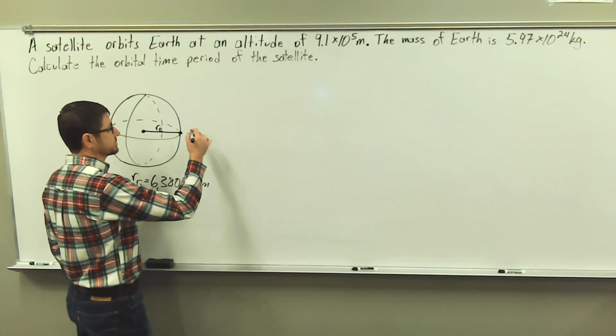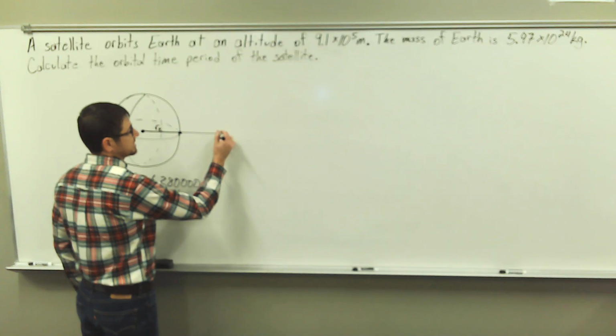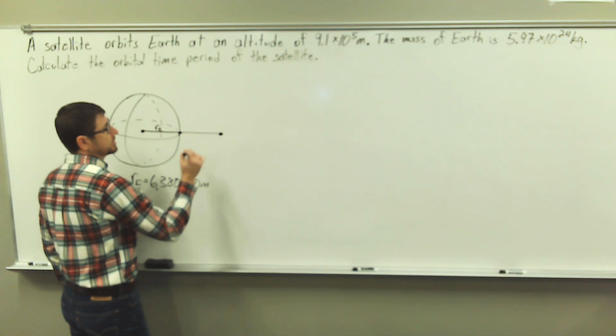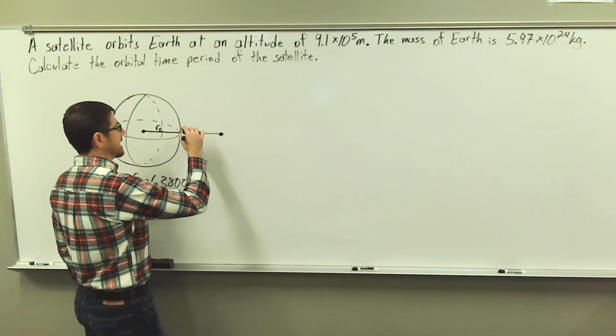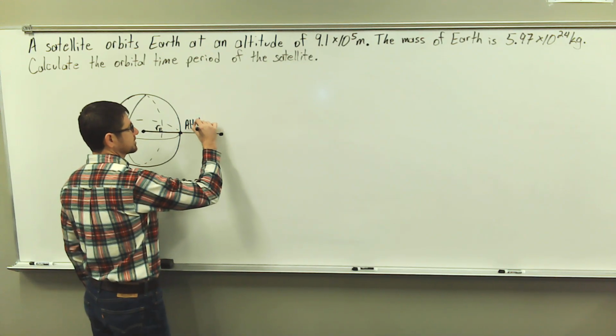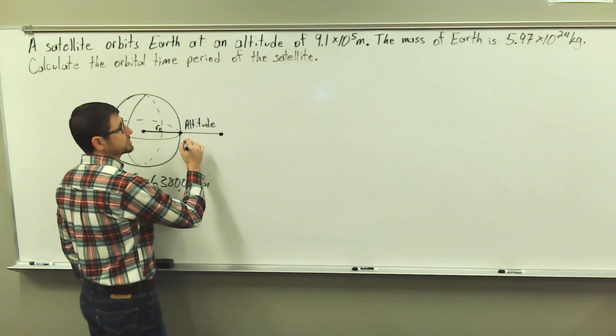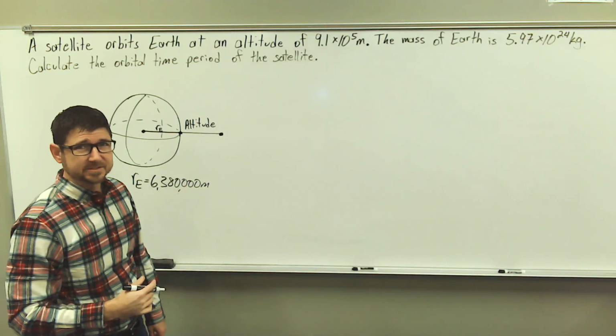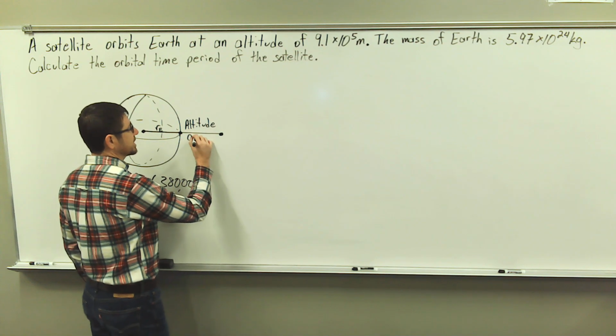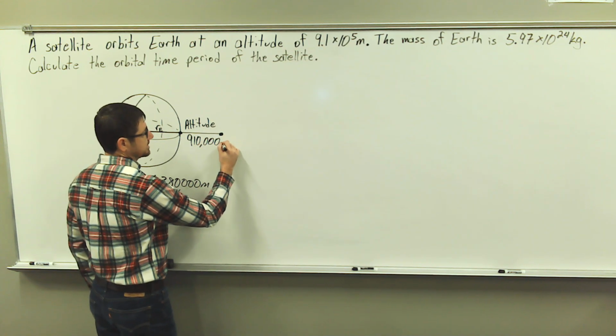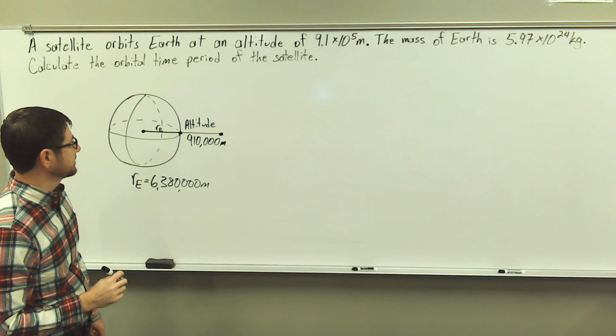Okay, so altitude, remember that represents the position above the Earth's surface. So altitude is equal to 9.1 times 10 to the 5th meters, this is going to be 910,000 meters, okay?